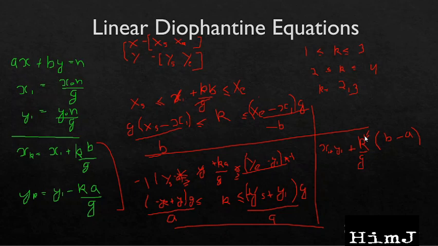And depending on the constraint you can calculate the range in which k should lie. So continuing this example, we know k should be either 2 or 3. So now to minimize this equation we need the minimum value of k. So it will be 2. So we can minimize x plus y by choosing the value of k as 2.